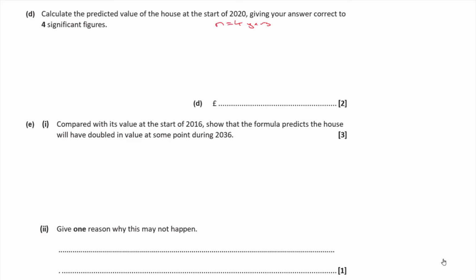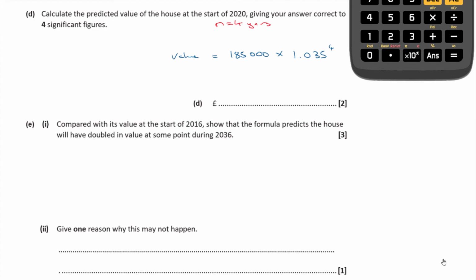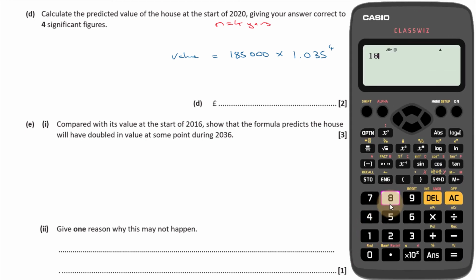N is 4. So then the value is going to be 185,000 times 1.035 raised to the power of 4, for 4 years. So that is, what's that, 185,000 times 1.035 to the power of 4.